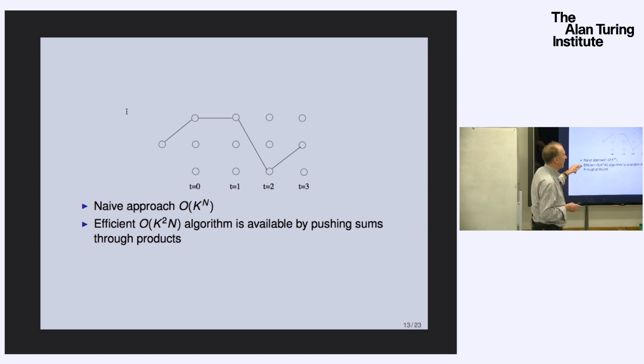But the key thing about hidden Markov models is that through dynamic programming, or essentially through pushing sums through products, we can calculate, for example, the likelihood of the sequence of observations in linear time in the length of the sequence, and k squared in the k states, because we have to consider every transition to every other state at neighboring times.